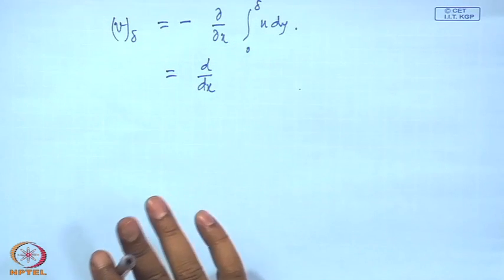Once it is U E minus U, that integration, the limit can be straightaway extended to infinity. And definitely you have done it, because you have got delta star.